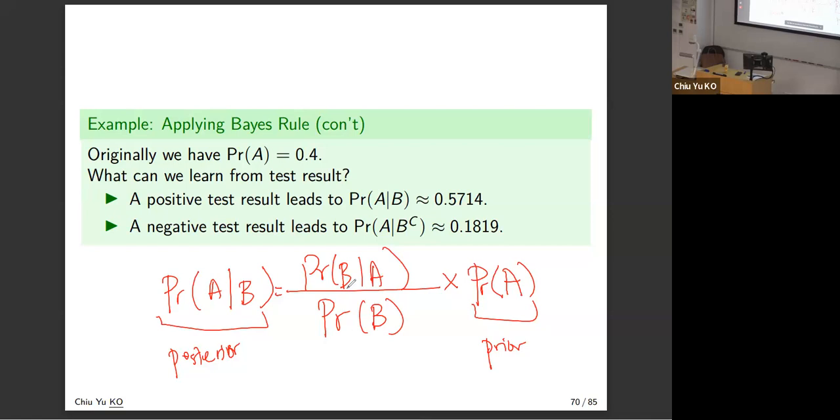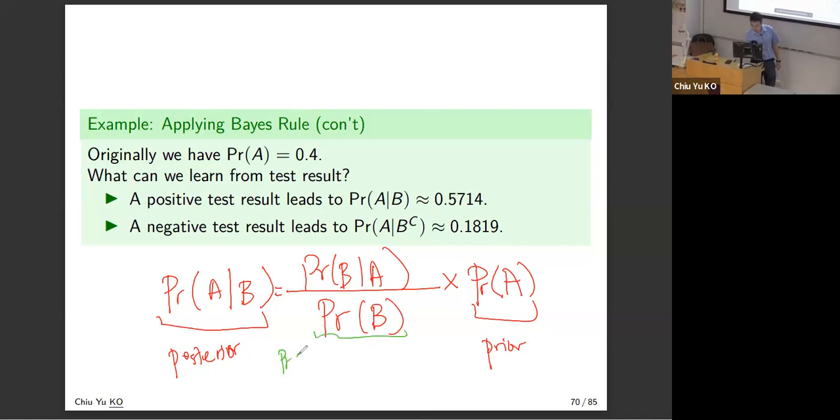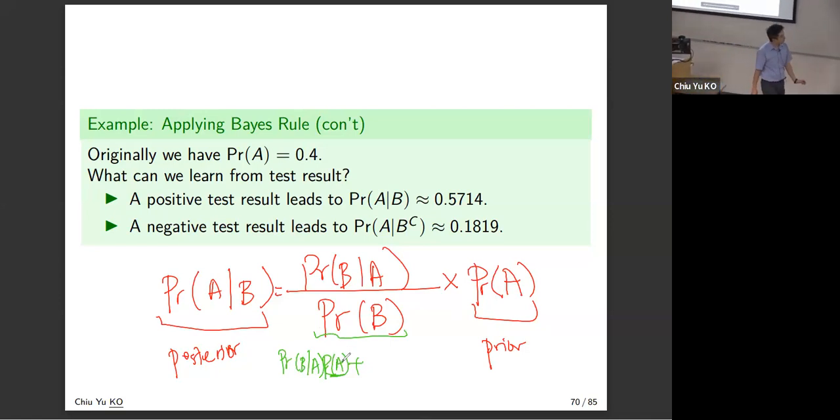The numerator part will be the same, but the denominator will be different, because the denominator contains this guy. So if this changes, this also changes. Basically, if you don't think mathematically, it means if you do it once, after that the number 0.4 will be replaced by the new number.